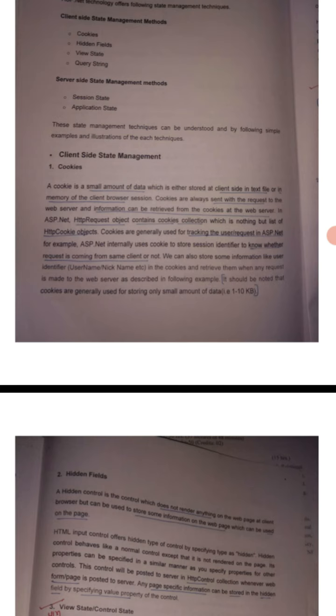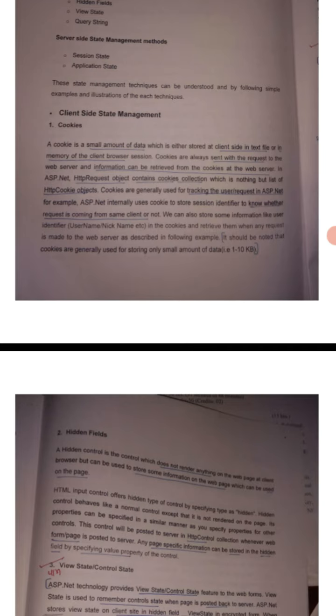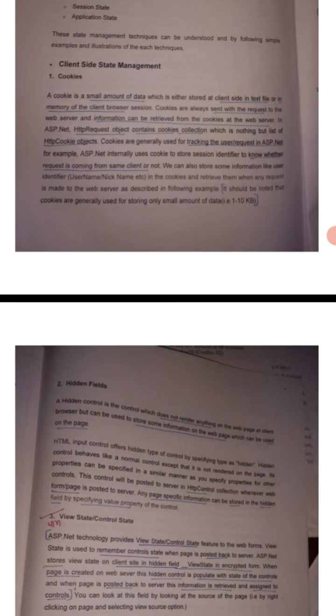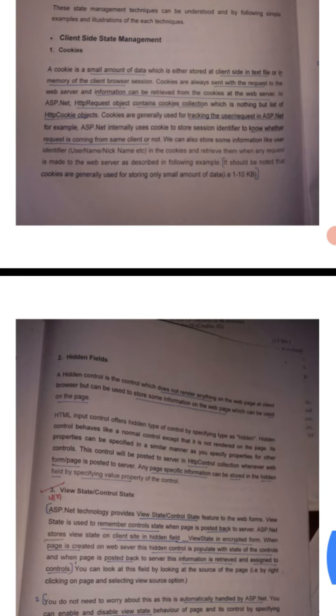First one is client side state management, which can contain cookie, hidden field, view state. First one is the cookie. A cookie is a small amount of data which is stored either at client side in a text file or in the memory of the client browser session.